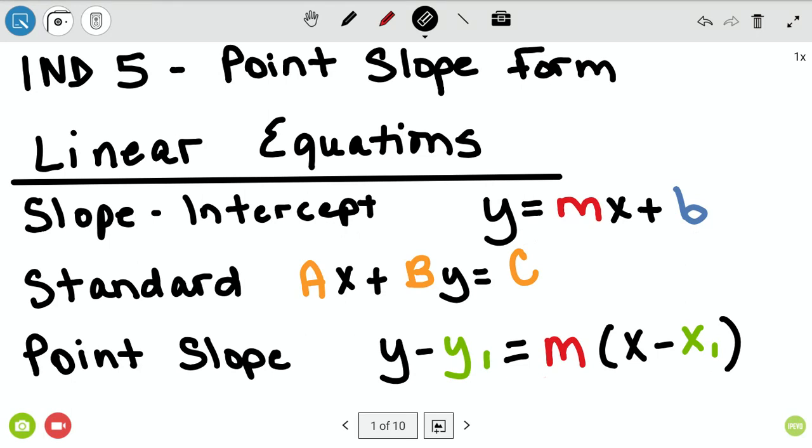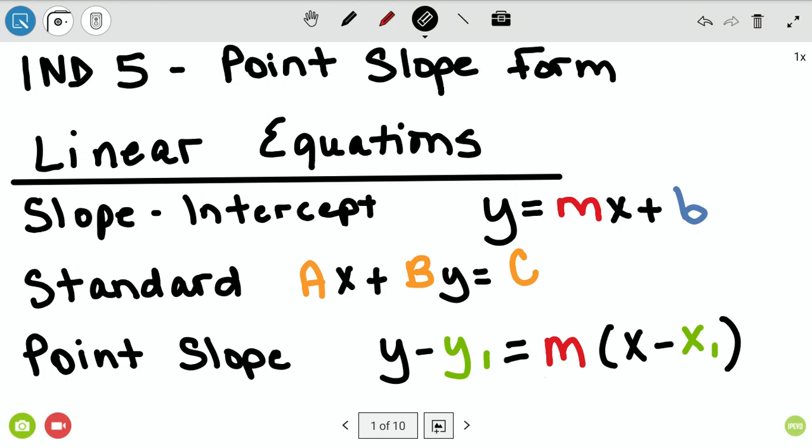So in slope-intercept form, you've got y = mx + b, where m and b are the bits of information that you need in order to write the equation in mx + b. You leave the y and the x generic because they stand for every xy coordinate along the entire line, and then you fill in a value for m and a value for b.